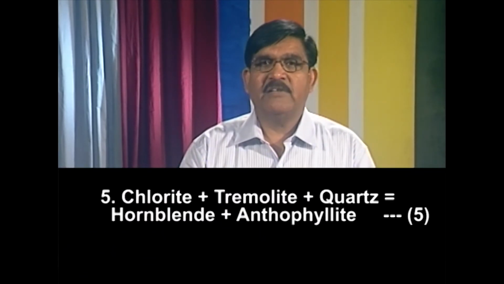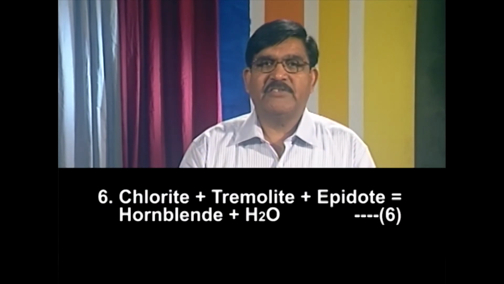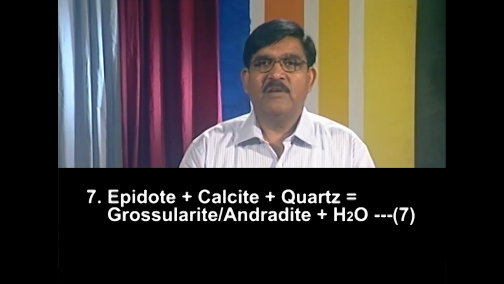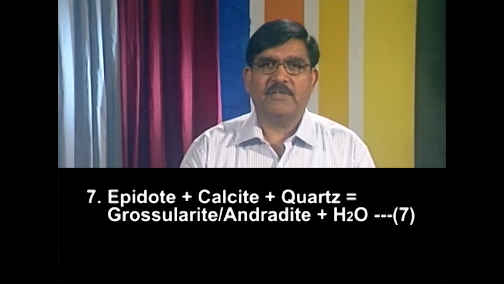Reaction fifth is chlorite plus tremolite plus quartz give rise to hornblende plus anthophyllite. Next reaction is chlorite plus tremolite plus epidote give rise to hornblende plus water. Reaction 7 is epidote plus calcite plus quartz give rise to grossularite or andradite plus water.